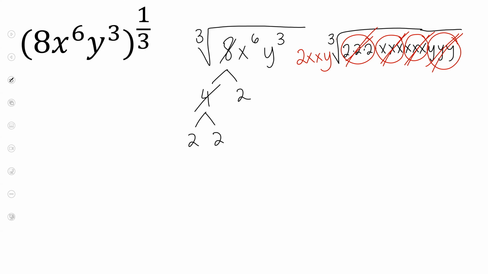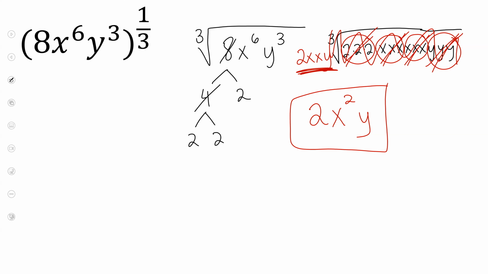That means I don't need this at all. There's nothing under the root, nothing under the radical. All right, so what's on the outside is my answer. So my answer is 2x squared y. And that's it. We don't have the radical anymore because everything crossed out.